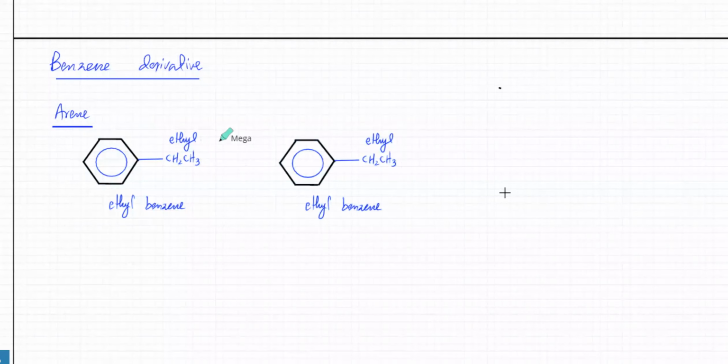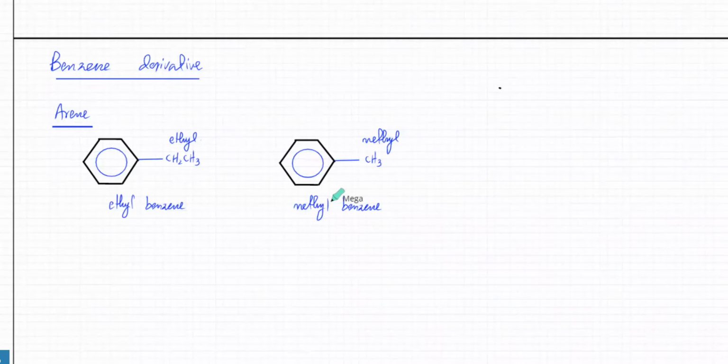If I draw another one, let's say I take out the CH2 and there's just CH3, this one would be called methyl benzene. Just the simple ones. Most people don't even call it methyl benzene.